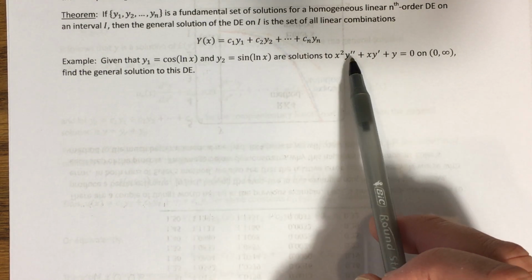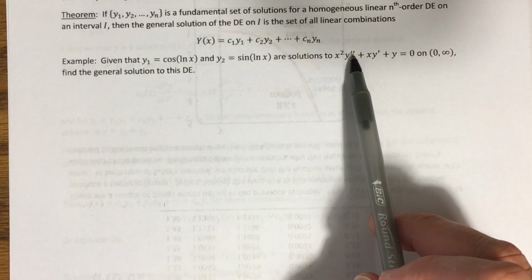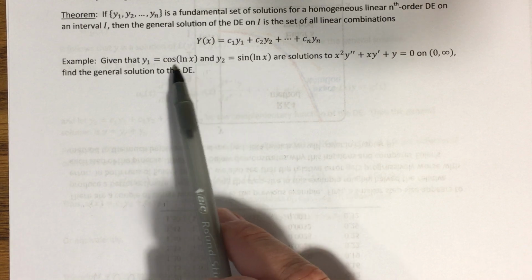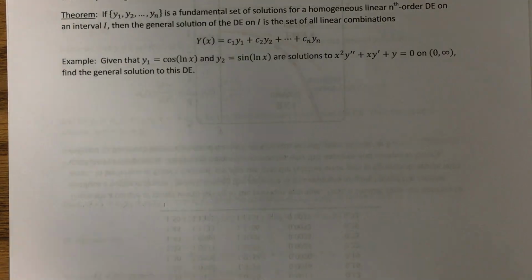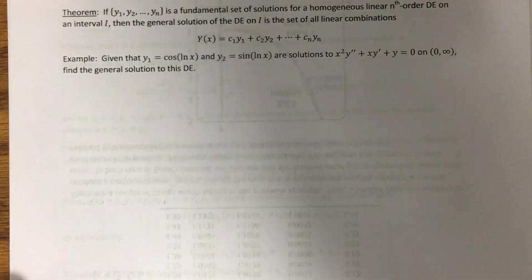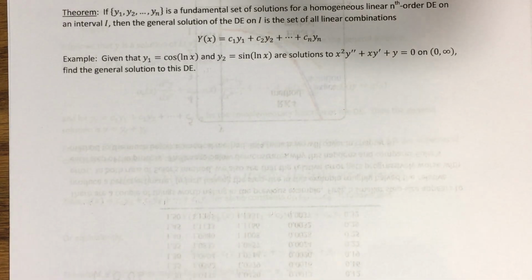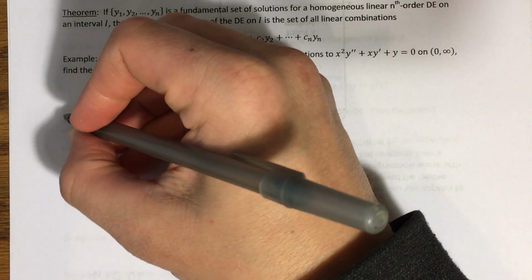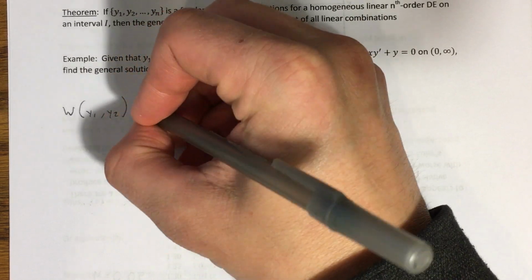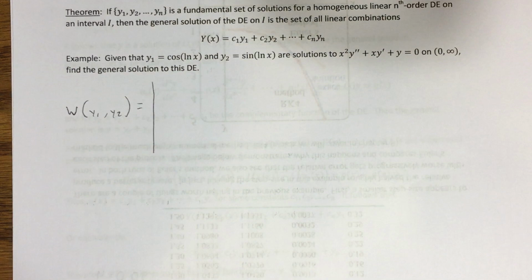I can do that by recognizing that this is a second order homogeneous linear dE, and I have two solutions. If these solutions happen to form a linearly independent set, then that would mean that we have a fundamental set of solutions. So I use the Wronskian to verify whether that's true or not. The Wronskian of these two functions, y1 and y2, is a 2 by 2 determinant in this case.